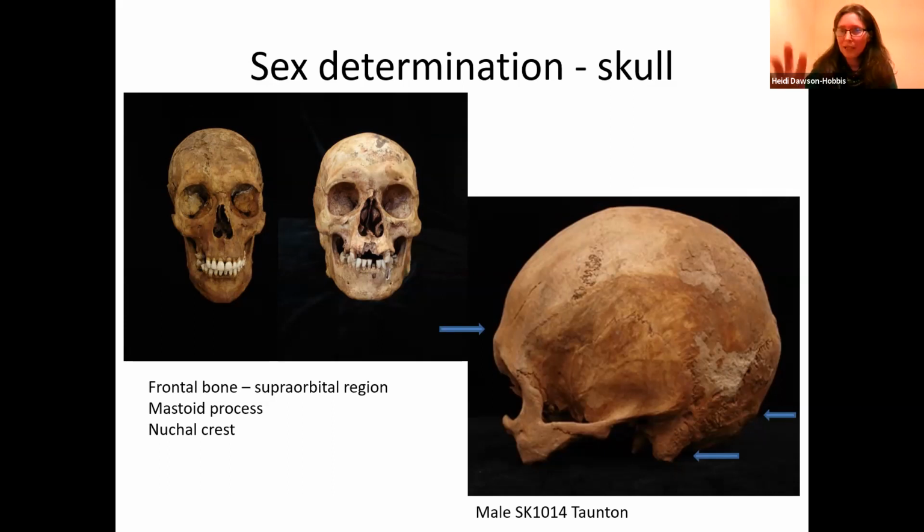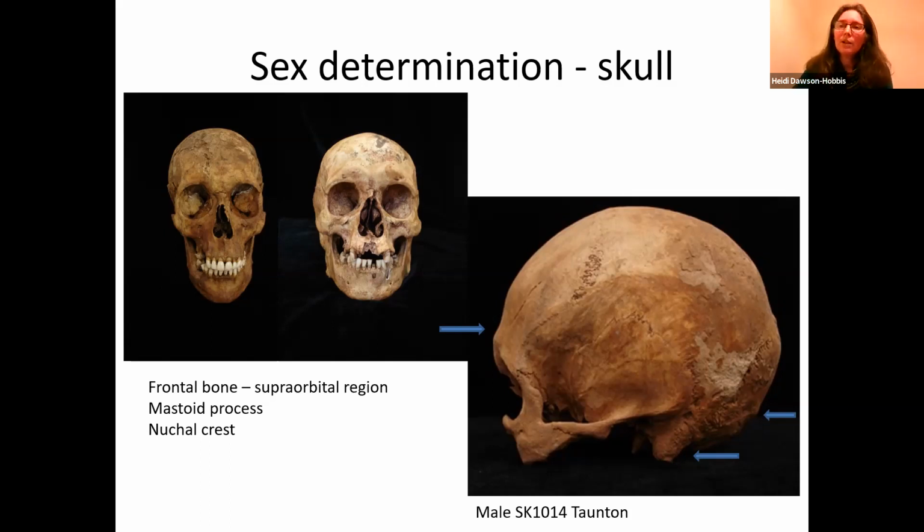The other thing that's pointed out, although I've got people's images over the slide slightly, is an arrow at the back of the skull, the occipital bone. There's an area called the nuchal crest, where the muscle attachments for the neck attach, and again that's much more prominent on males than on females.